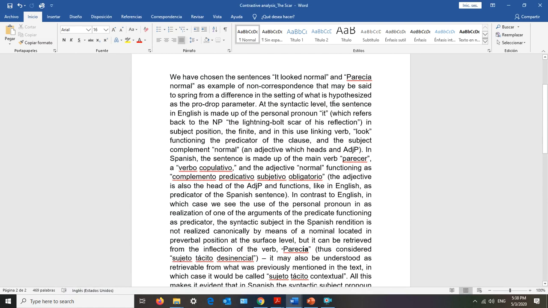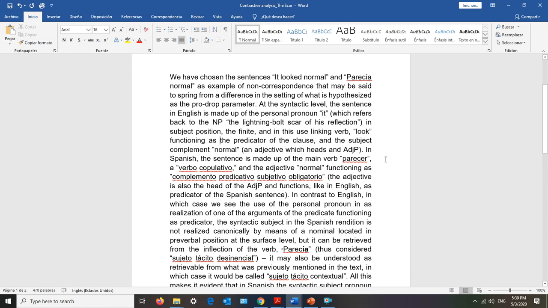So, at the syntactic level, the sentence in English is made up of the personal pronoun "it", in subject position, the finite and in this use linking verb "look", functioning as the predicator of the clause, and the subject complement "normal", an adjective which heads an adjective phrase.